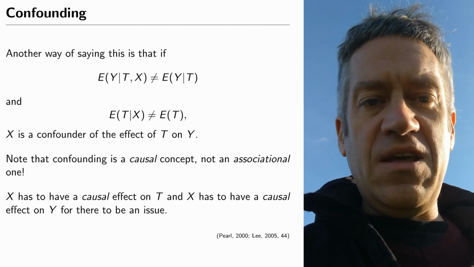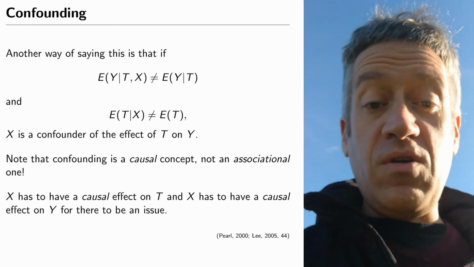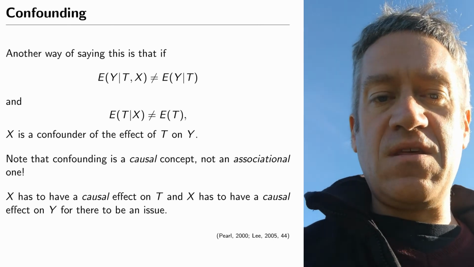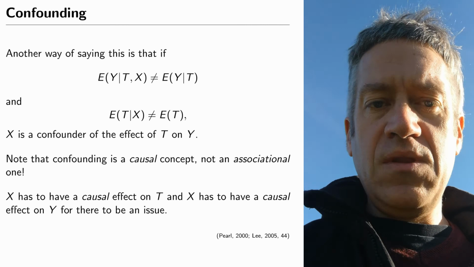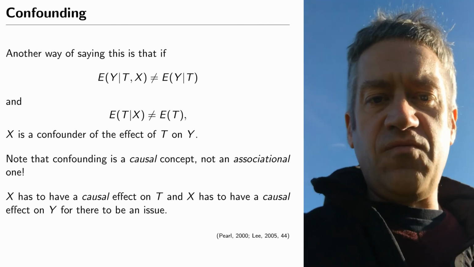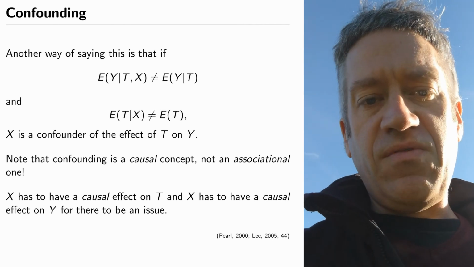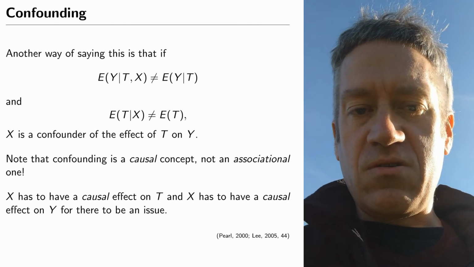So if you have that combination of factors, then we are talking about a confounding factor. If only one of those two is true, then not necessarily, right? If there's a factor that impacts on having the treatment, but not on the outcome, then it's not a confounder. If you have an effect that impacts on the outcome, but not on the treatment, then it's also not a confounder. Both of these conditions on this slide have to be true for it to be a confounding variable.